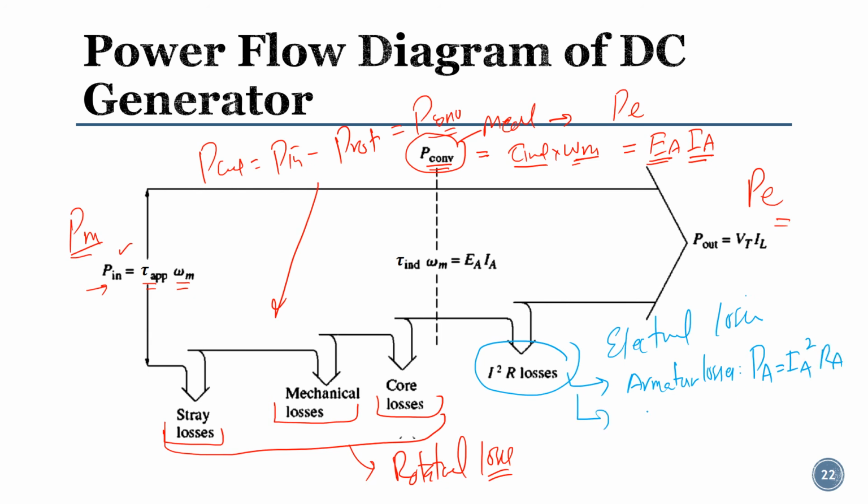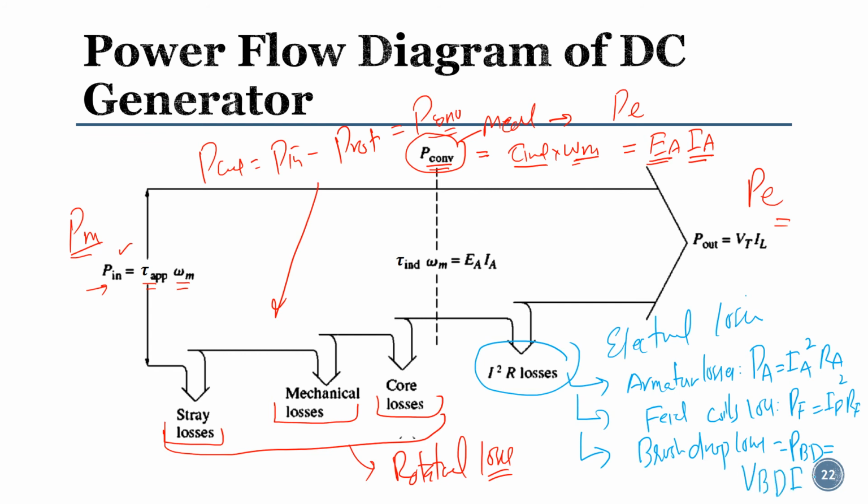Then we have the field coils, so the field coil losses, represented by PF, equal to the field current squared multiplied by the field resistance. Additionally, in the DC machine we use brushes with split rings, so we have brush drop losses, PBD, equal to the voltage drop across the brushes multiplied by the current flowing through them, which is the armature current.